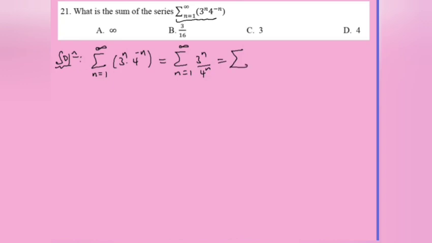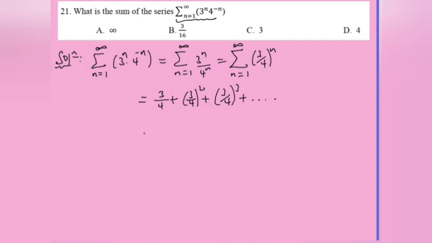This can also be written as (3 over 4) to the power of n. So when we write this explicitly, this can be written as 3 over 4 plus (3 over 4) squared plus (3 over 4) cubed, and so on.